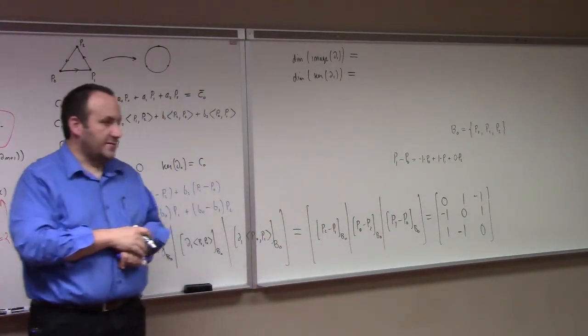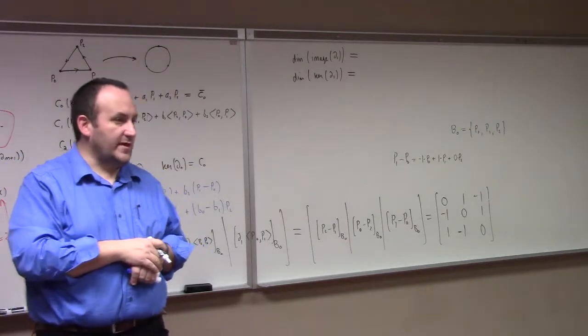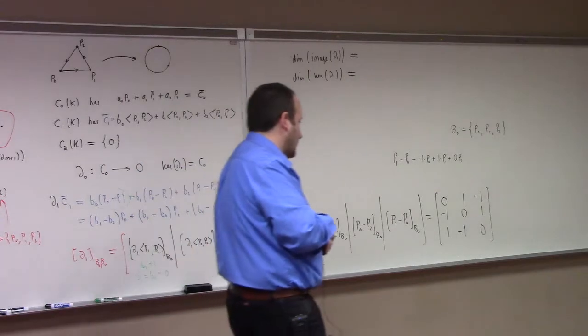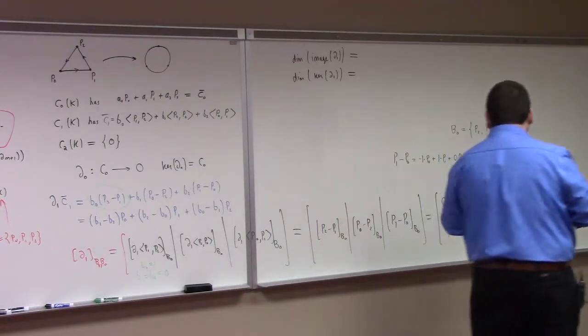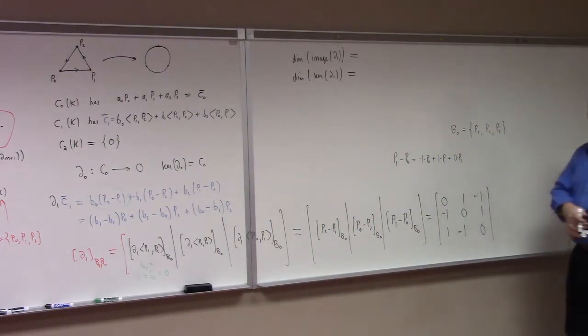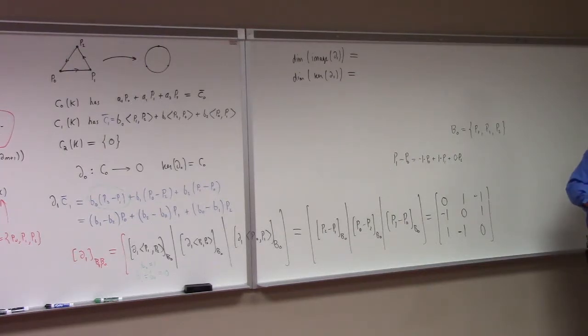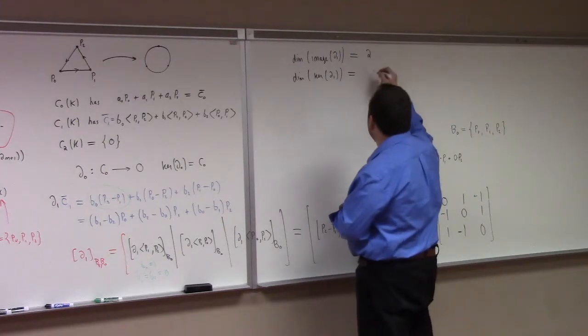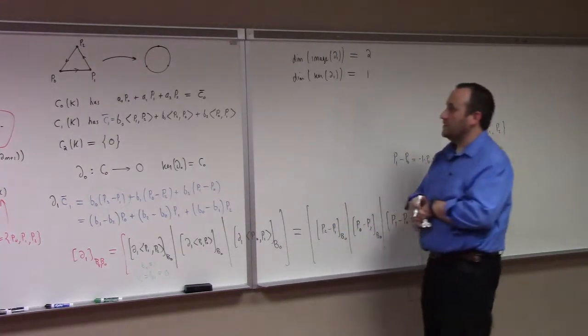Remember, for a linear transformation, the dimension of the image is the rank of the matrix which represents it. This matrix, if you add the rows together, you get 0. Yet it clearly has 2 linearly independent rows or columns, right? This means that it has rank 2. The dimension of the image is 2. The dimension of the kernel is 1.